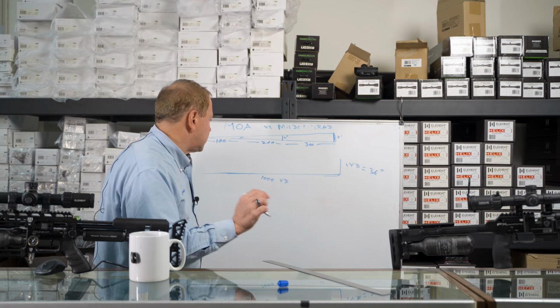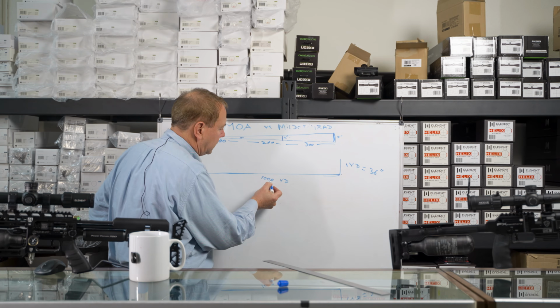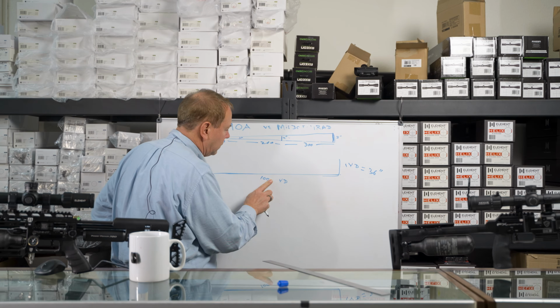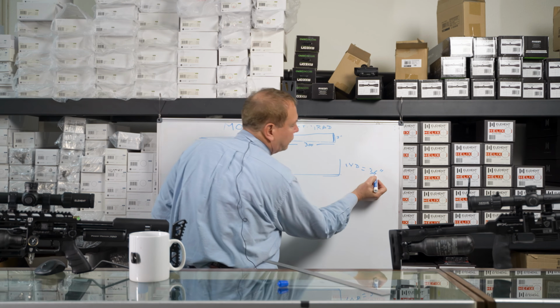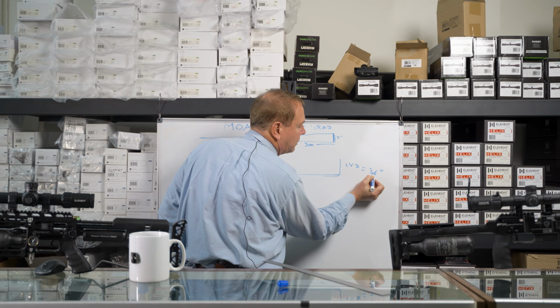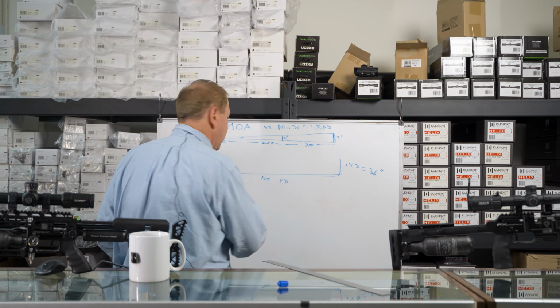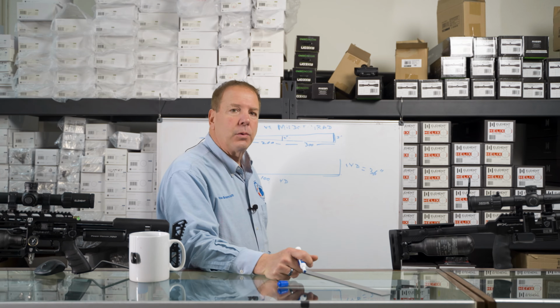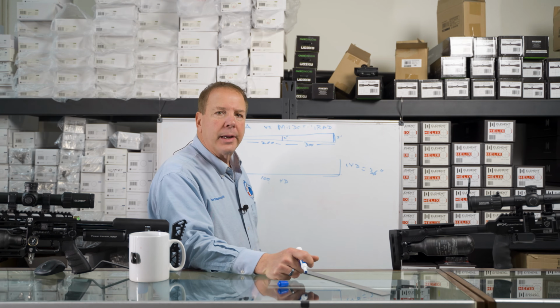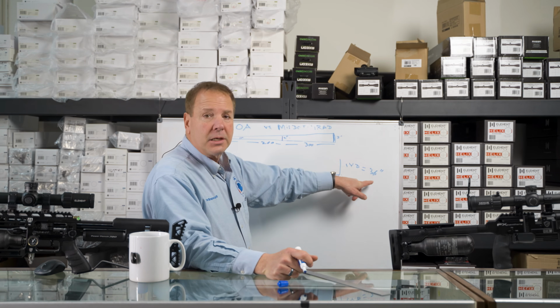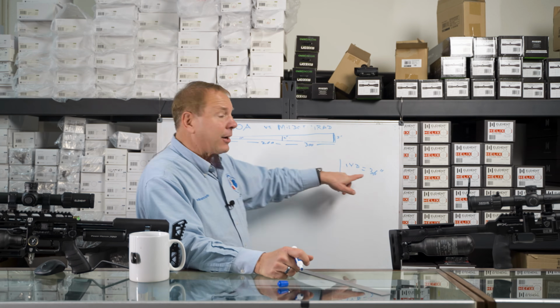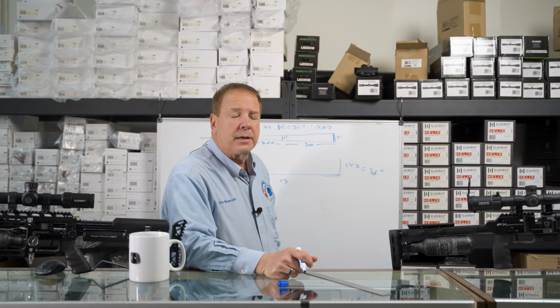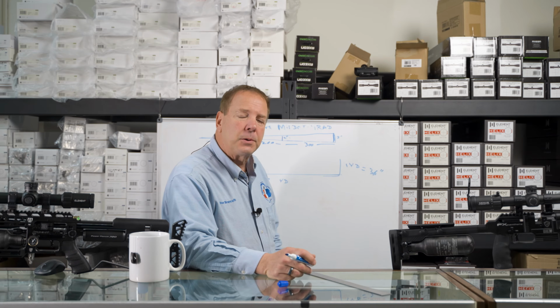Instead of 1,000 yards, put the decimal point here, or just get rid of that 0. Move a decimal point over from here. Instead of 36 inches, it's 3.6 inches. Now, that is what a MRAD, whatever you want to call it, anything but an MOA, is: 3.6 inches at 100 yards. That's where that crazy number comes from that I could never figure out. Why was it always 3.6? It's because it's 1 in 1,000.